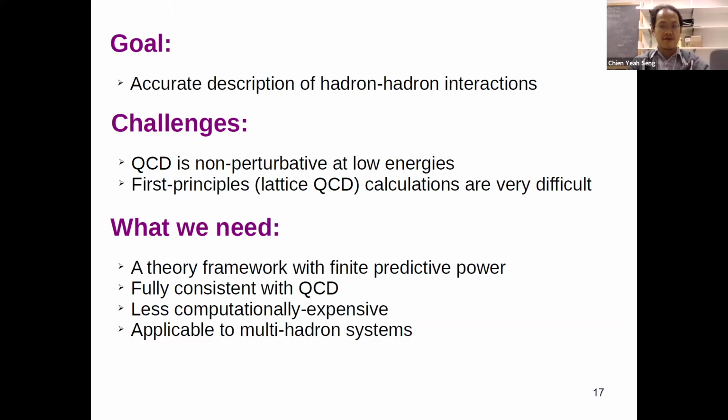Therefore, we need a new theory formalism, which on the one hand has finite predictive power, and second, since we know the fundamental theory of strong interaction is QCD, this new theory has to be fully consistent with QCD, and at the same time it has to be less computationally expensive than lattice QCD, and also it should be straightforwardly applicable to multi-hadron systems. Also, it cannot be simply a model, because a model has uncontrolled theory uncertainty.